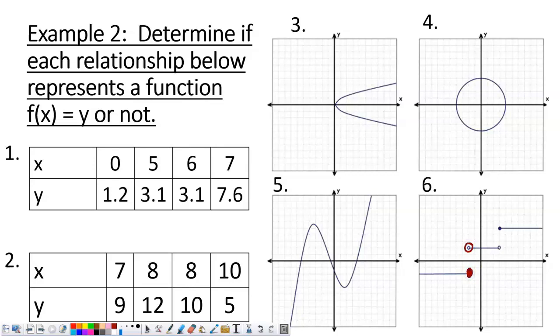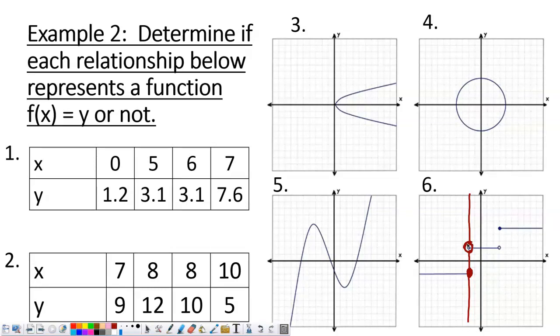A closed dot means that that point is actually on the graph. It exists. An open dot means that that point doesn't exist. The graph never touches there. So when I draw this vertical line, it doesn't touch anything there because there is no point there. It touches here, but it doesn't touch the open dot. So even if I drew a vertical line through those two dots, it still only touches the function once because the open dot doesn't count. That's kind of a weird thing. That's what we call a hole in the graph.